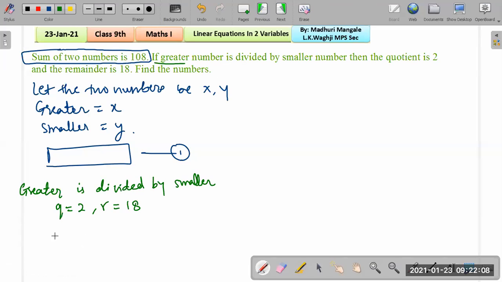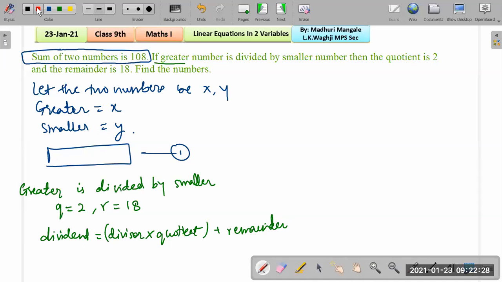I will just write out the formula for you. Dividend equals divisor times quotient plus the remainder. You need to plug in the values.